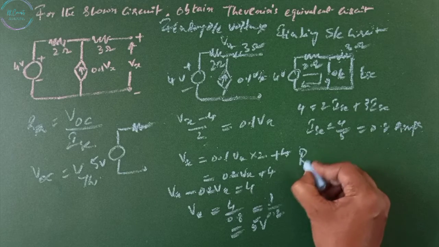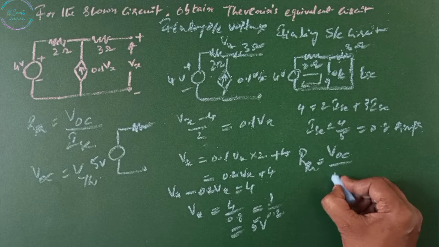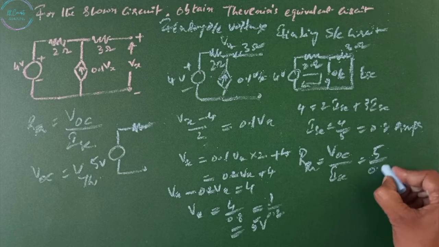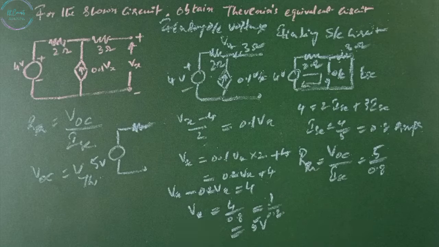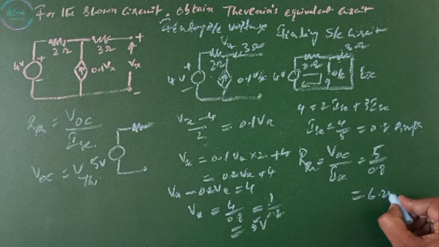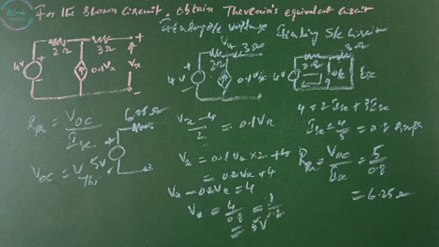Now RTH equals VOC, the open circuit voltage, divided by short circuit current, that equals 5 divided by 0.8. This is 6.25 ohms. This is Thevenin's equivalent circuit.